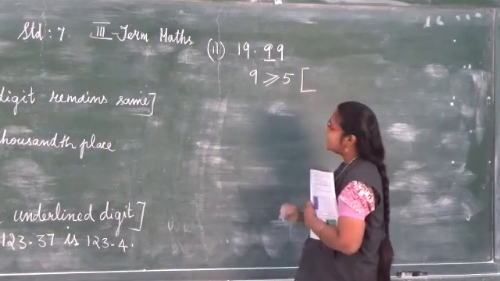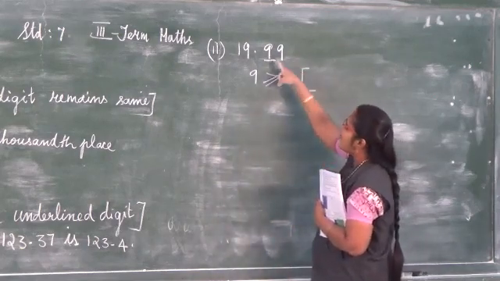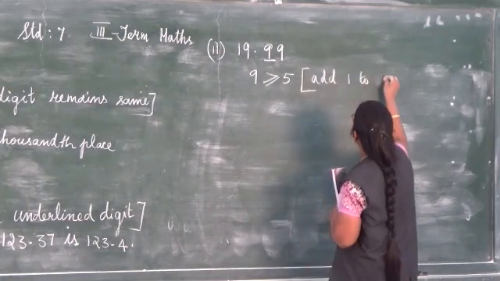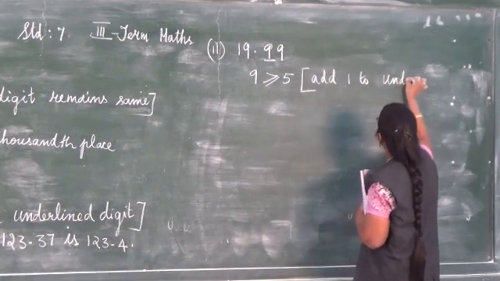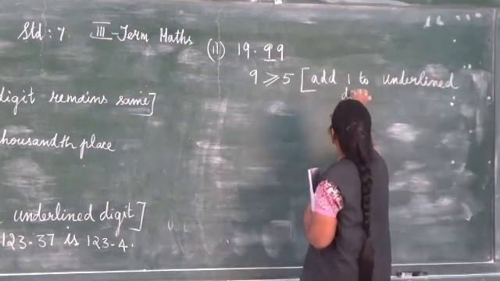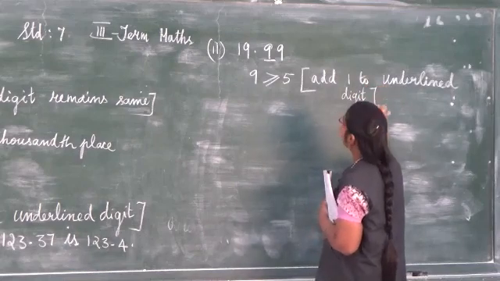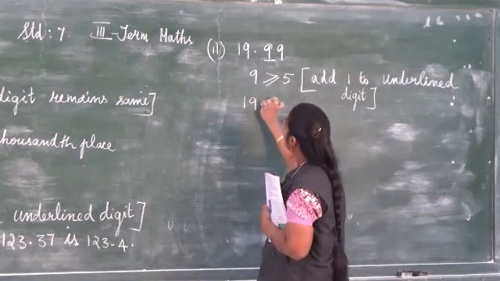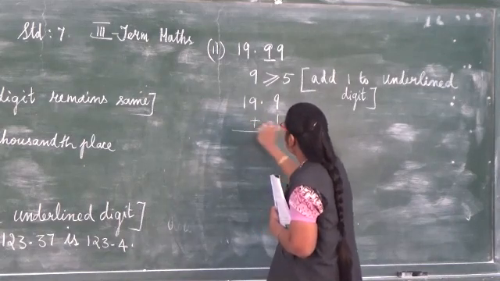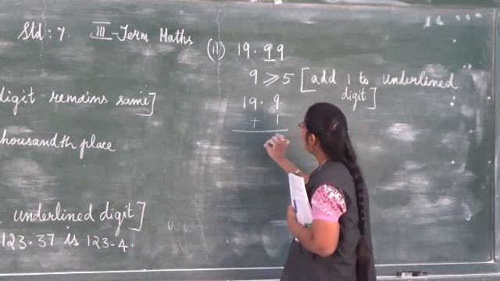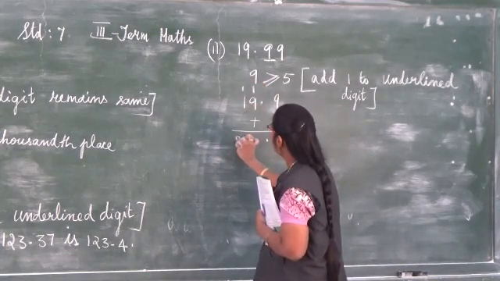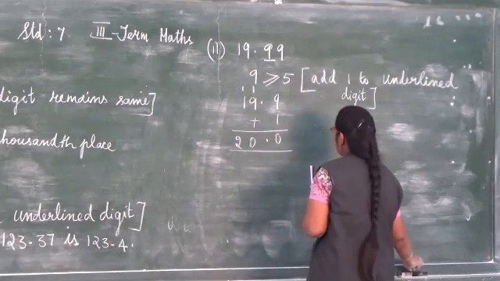So add 1 to the underlined digit. 19.9 plus 1 gives 20.